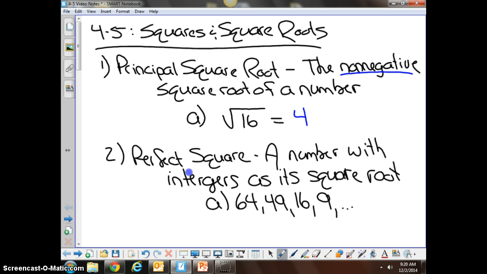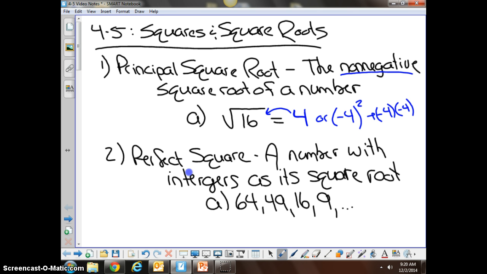However, we know, if we're going to go in reverse, that 4 squared gives us 16, so therefore the square root of 16 is 4. However, we also know that the square root of 16 could be negative 4 because if we did the negative 4 squared, we would have negative 4 times negative 4, which would give us a positive 16.